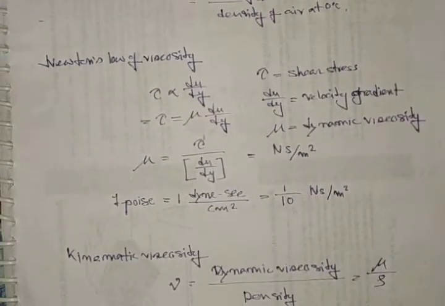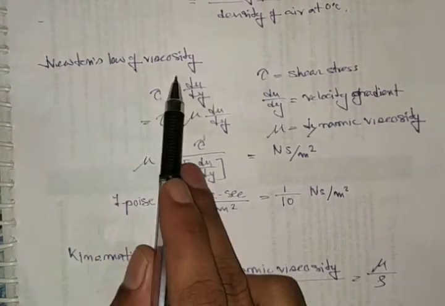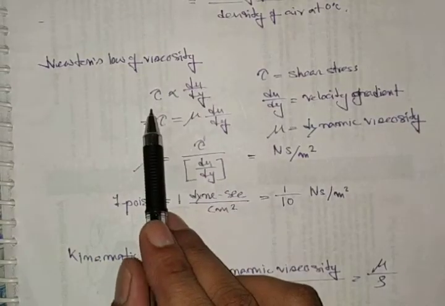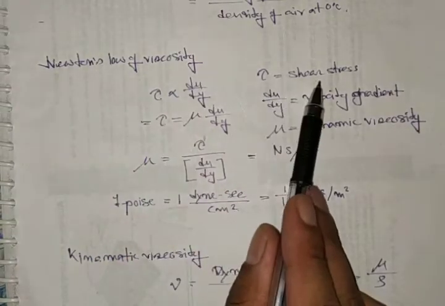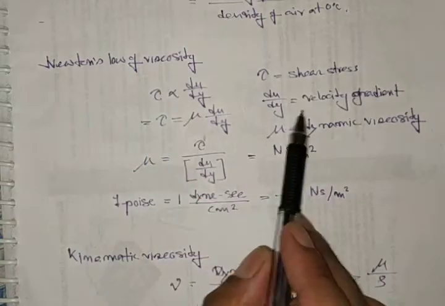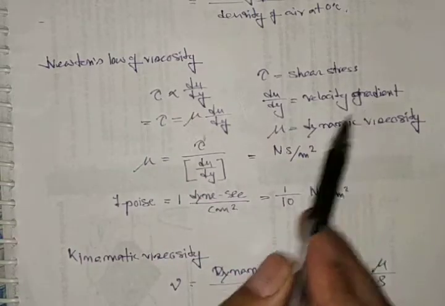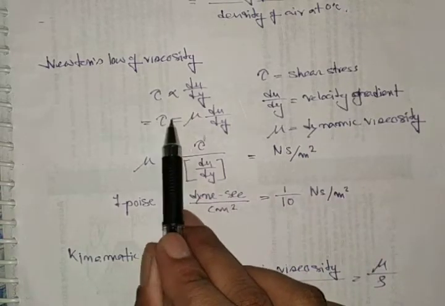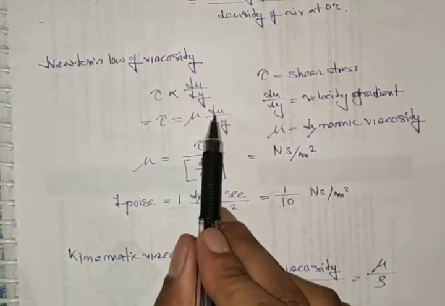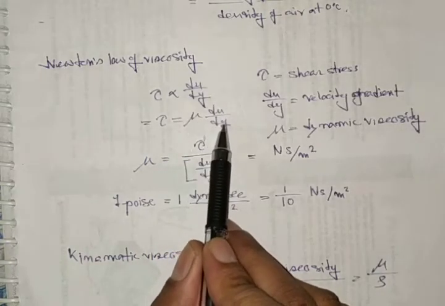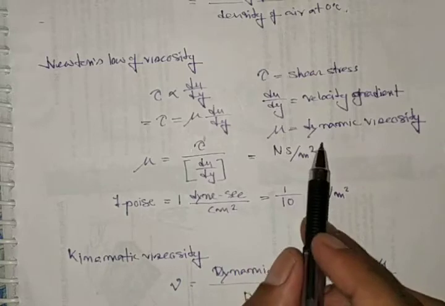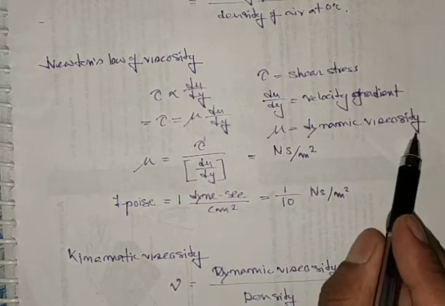So let's talk about Newton's law of viscosity. As you know, according to Newton's law, shear stress is directly proportional to velocity gradient, so tau is equal to mu du by dy, where mu is the dynamic viscosity.